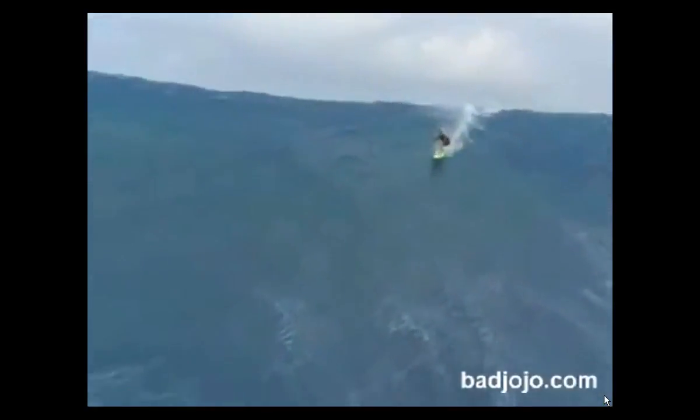So that doesn't look like much, yeah? Now watch. They will zoom out because they're filming this from a helicopter. Keep watching. Yeah, okay.